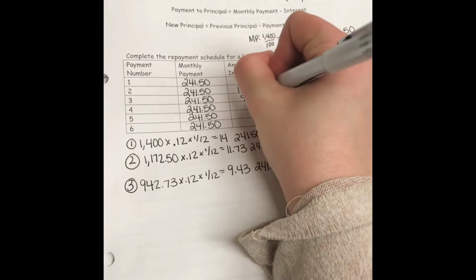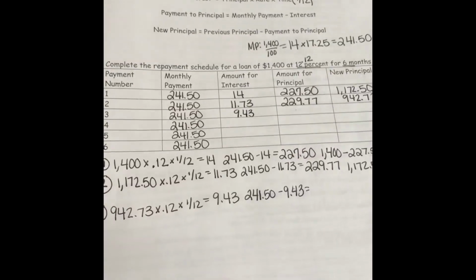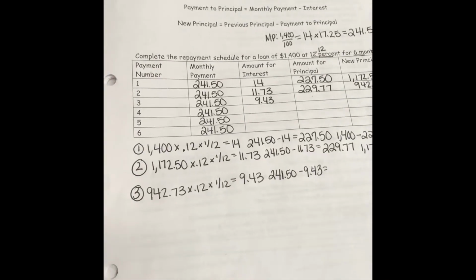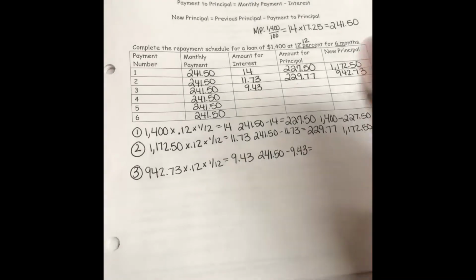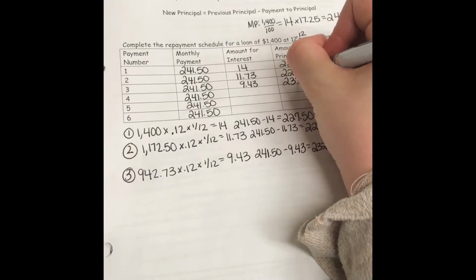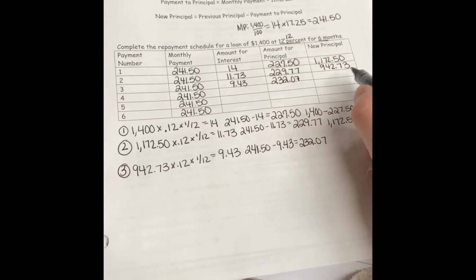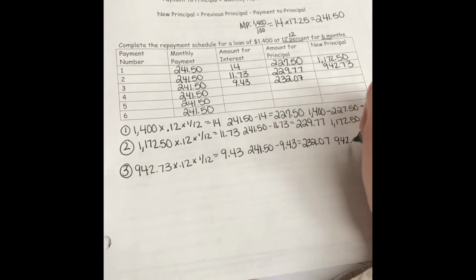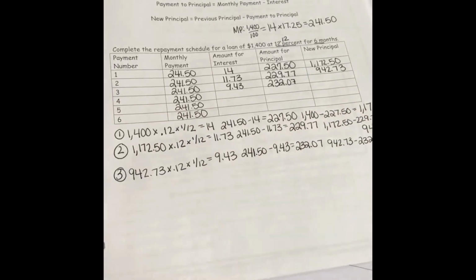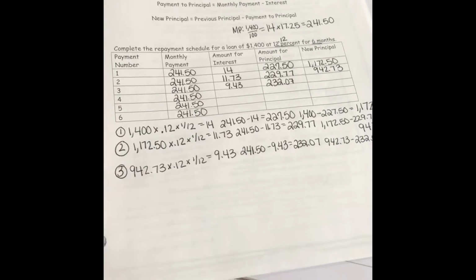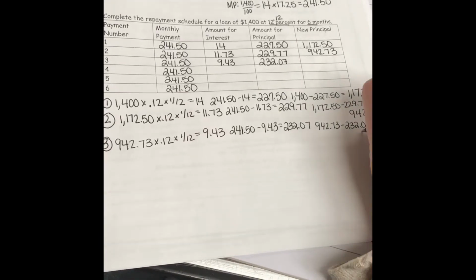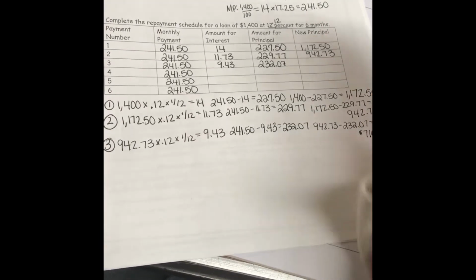Oh, I'm getting lazy and not trying to put it in my chart. $232.07. Our previous principal, subtract the amount for the principal. $710.66.